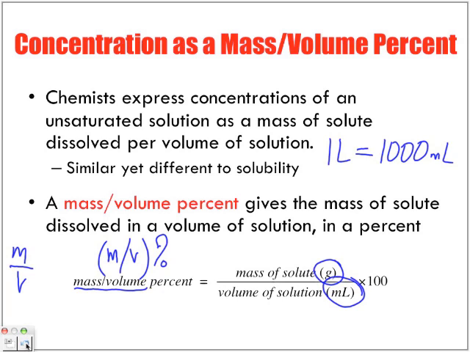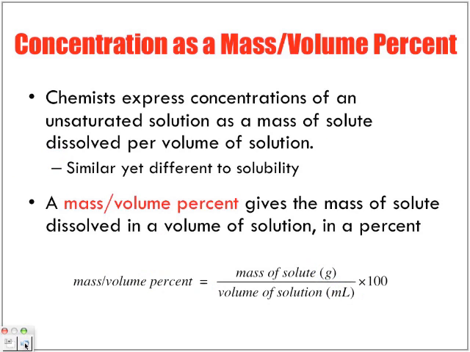Multiply by 100. So we're treating this mass over volume as X mass in grams divided by 100 milliliters. We're going to make that equal to this. That might seem a little messy here, but let's look at one of the first sample problems.